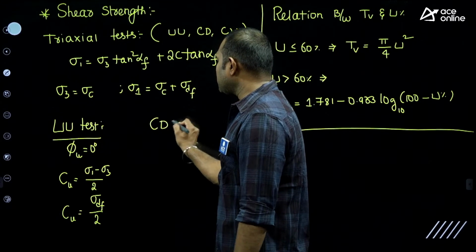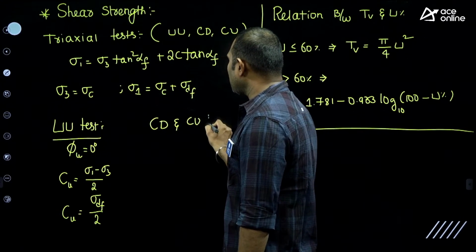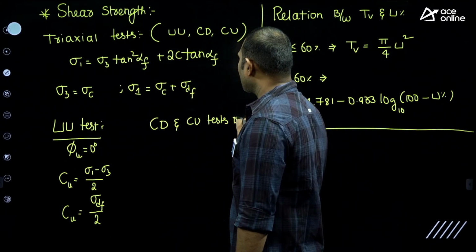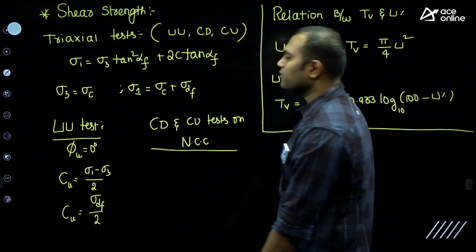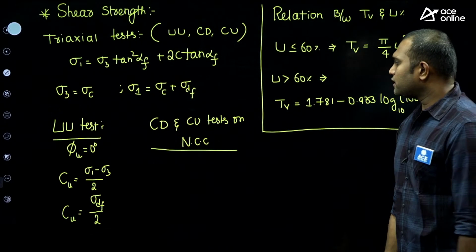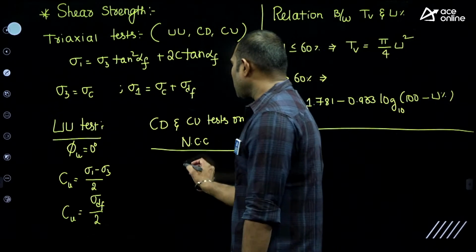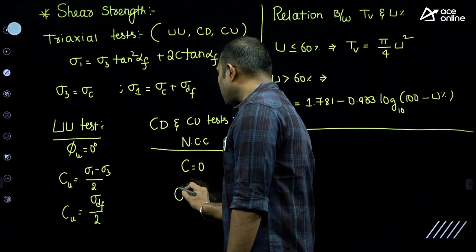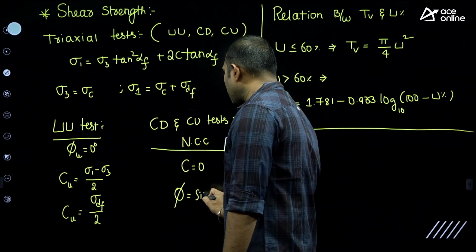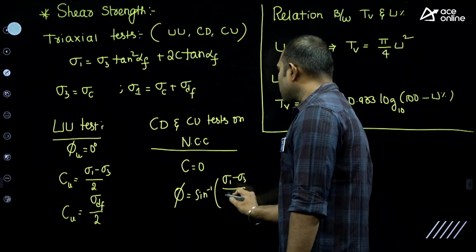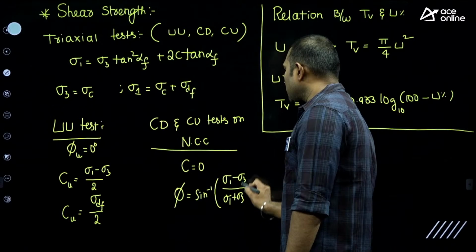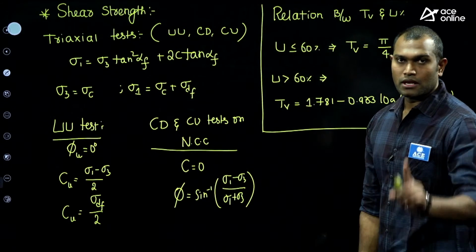And if you see CD and CU tests on the NC soil, in this case, C value is 0 and phi value is equal to sine inverse of sigma 1 minus sigma 3 by sigma 1 plus sigma 3.